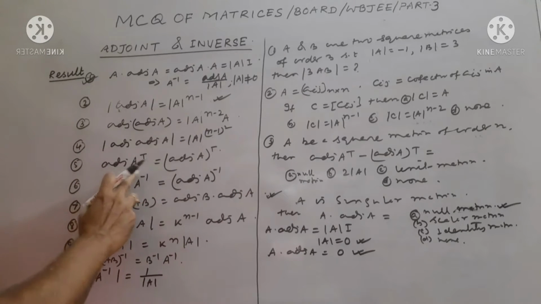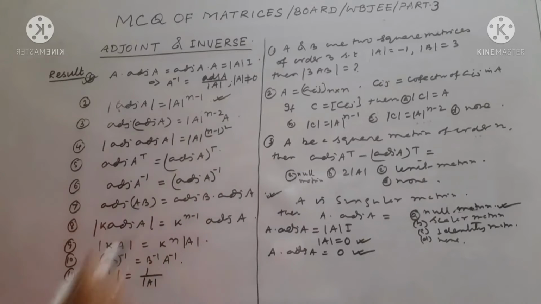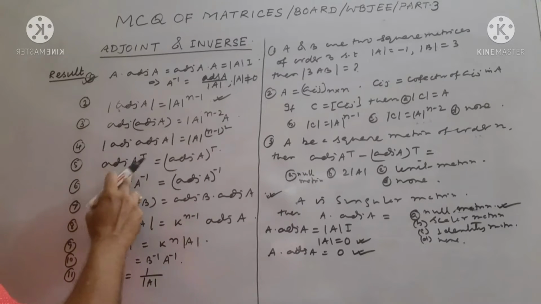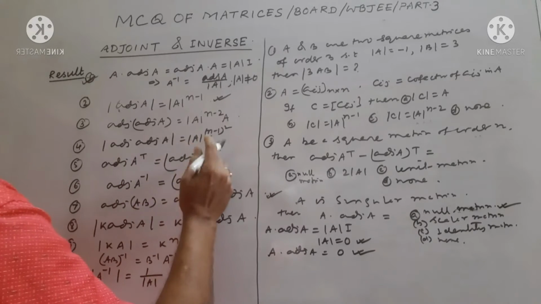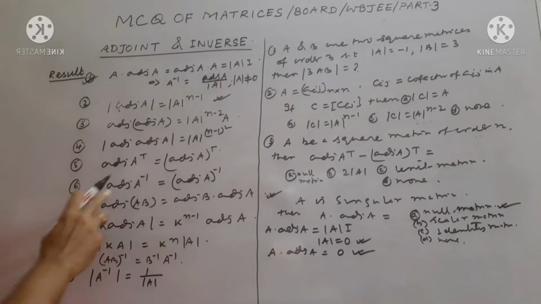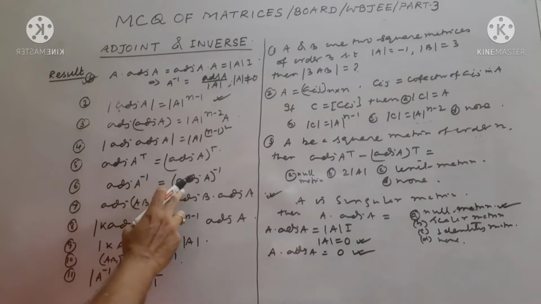Adjoint of A transpose equals adjoint of A, whole transpose. Adjoint of A inverse equals adjoint of A, whole inverse.